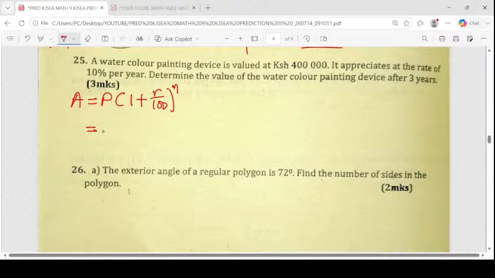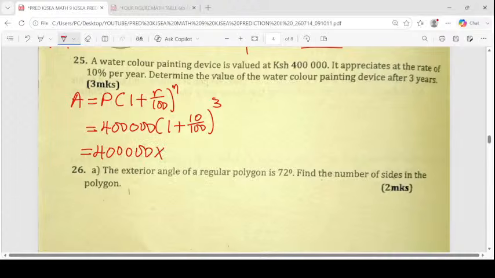Remember P is the initial value, so this will be 400,000 into 1 plus the rate 10%, so that is 10/100, to the power of N, which is the number of years, so to the power of 3.